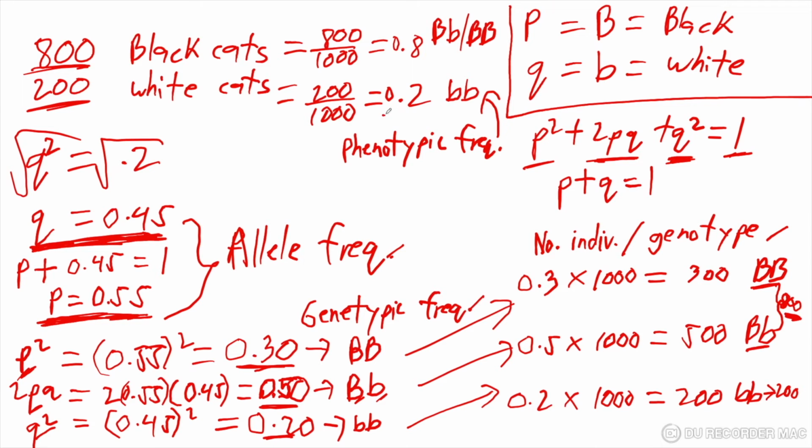This is the physical trait that was already given. 0.2 for the white cats, 0.8 for the black cats. Or if you're not satisfied with that, you just add these two right here and right here. You add these two for the phenotypic frequency of your black phenotype cat, and your white cat is right here. Is that clear? I hope that's clear because that is surely going in your exam.